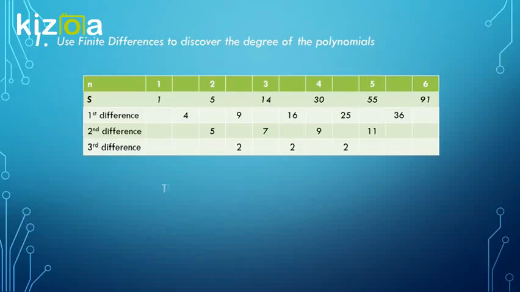This means the degree is 3, or cubic. And as a result, the formula we'll be using is ax cubed plus bx squared plus cx plus d.